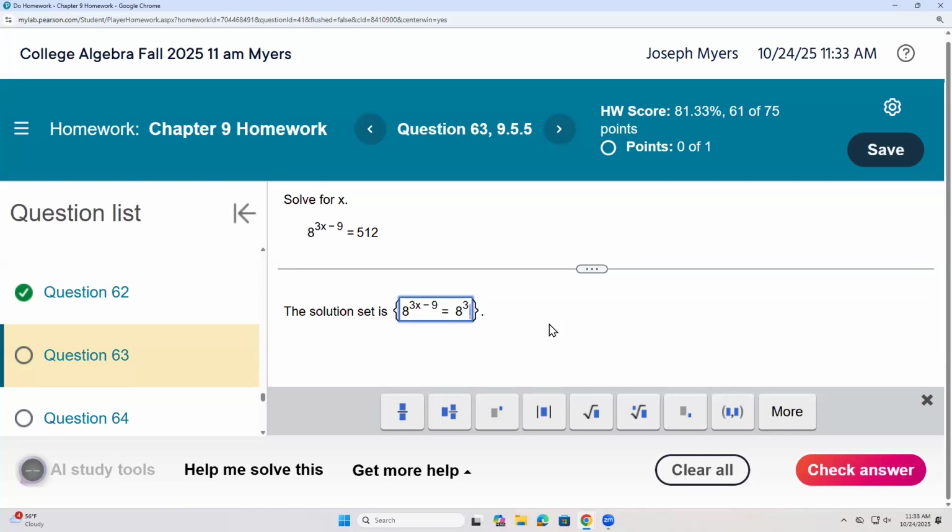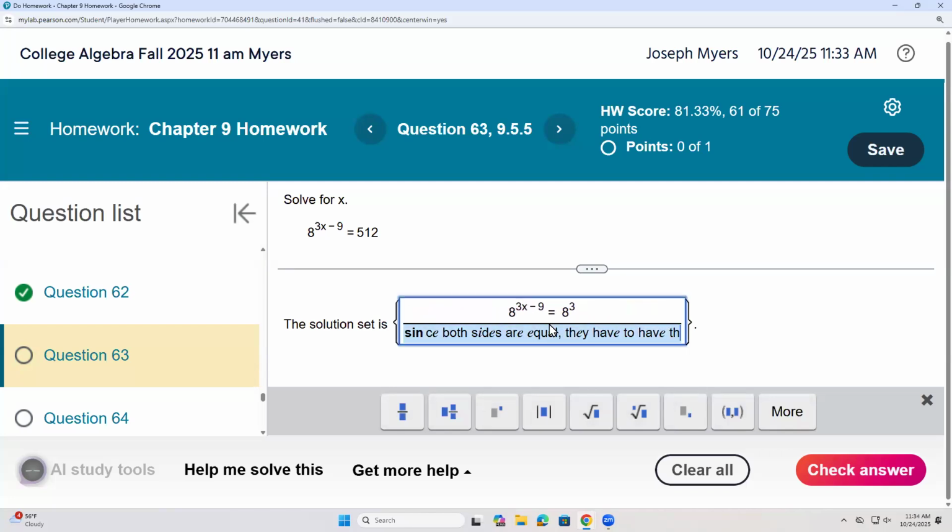And guess what? When you have an 8 on both sides, the only way 8 to some power is equal to 8 to some power is if they're both the same. Because if you have different powers on both sides, then the both sides will not equal each other. So since both sides are equal, they have to have the same power of 8.